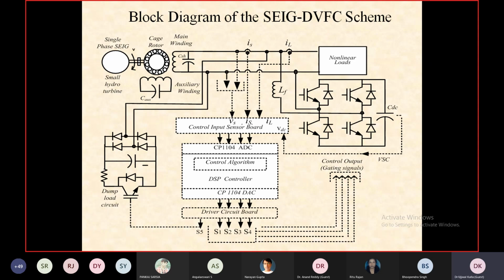Non-linear means they demand non-sinusoidal current from the source. When a load becomes non-linear, when the shape of the current of that load is not same as the shape of the source voltage.